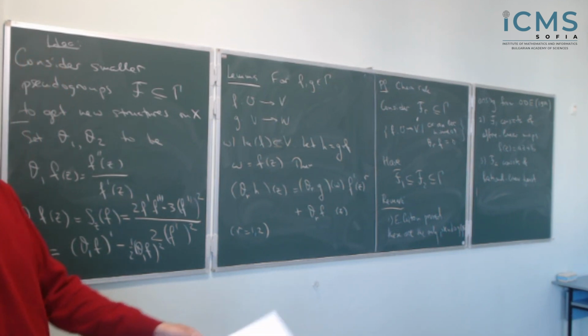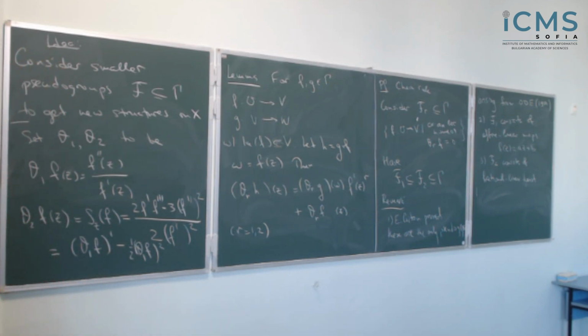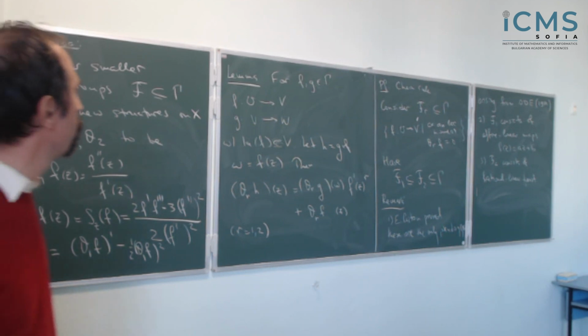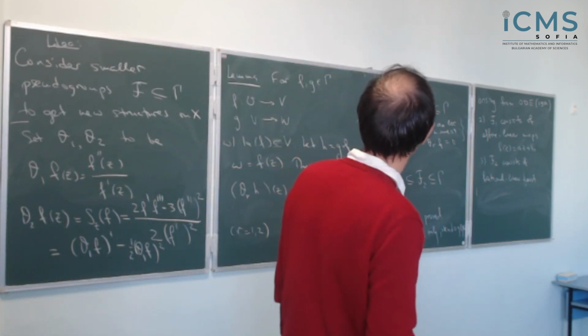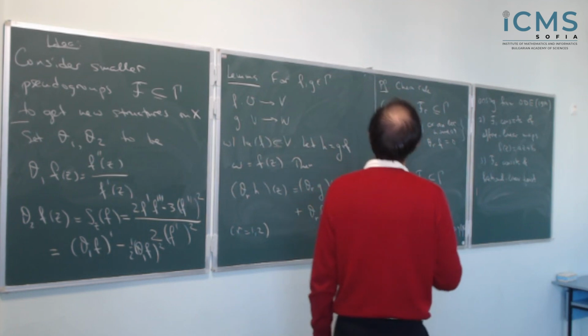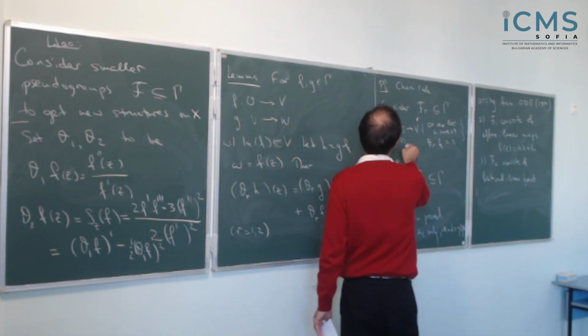We're assuming a fixed choice of the local coordinate. Then a function would be annihilated by this differential operator if and only if it's a fractional linear transformation. So these are in C.